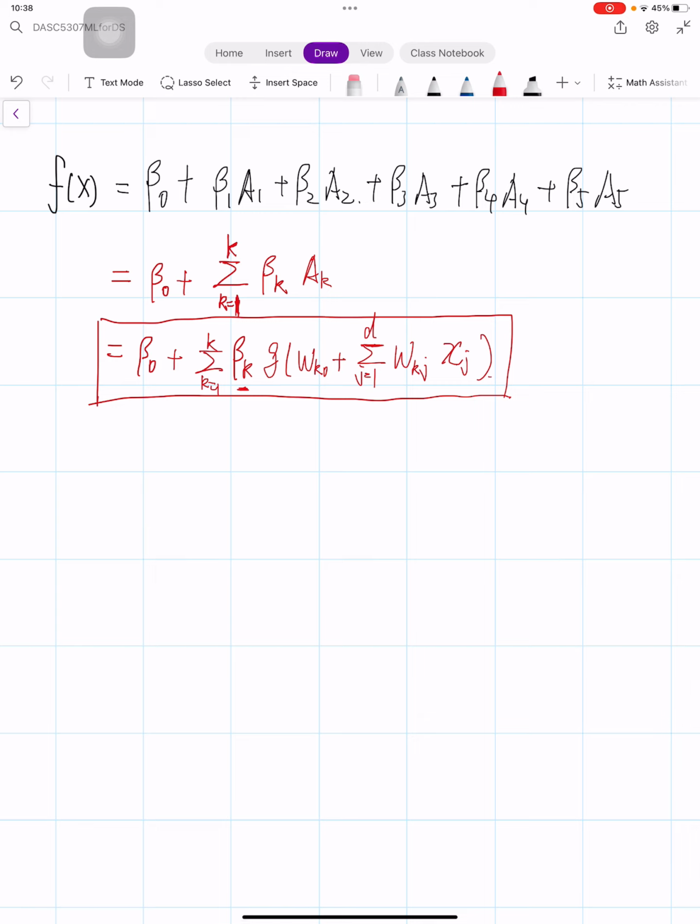And actually, the common choice for this gate function, okay, this g(x), is commonly chosen as sigmoid, like a logistic function. Another choice is called ReLU.